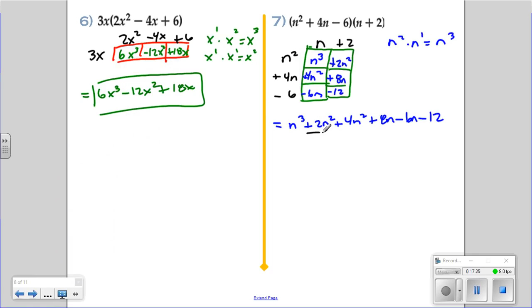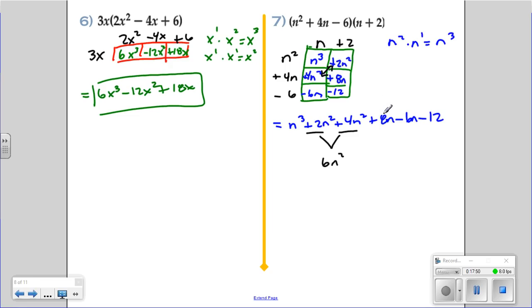I have a plus 2n squared and a plus 4n squared, and notice that they are diagonal across from each other in our box. That usually happens. So when I combine them, I would get 6n squared. Another reason I love the box. It keeps those types of things easily identifiable as well.